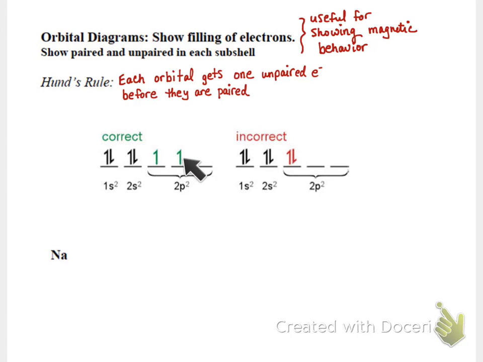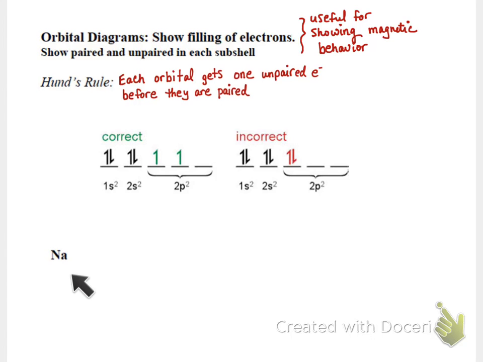Each orbital is going to get 1. By convention, we always write spin up first. That's just what everybody does, so that we all do exactly the same thing. This is correct. This is incorrect. You cannot put 2 electrons into the 2p orbitals, pairing them before each orbital gets 1 electron by itself.